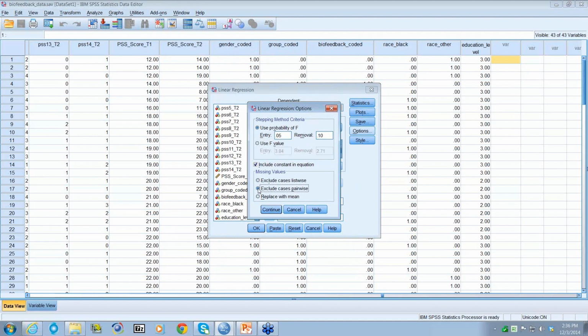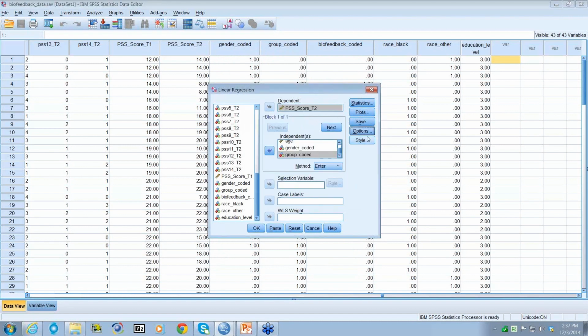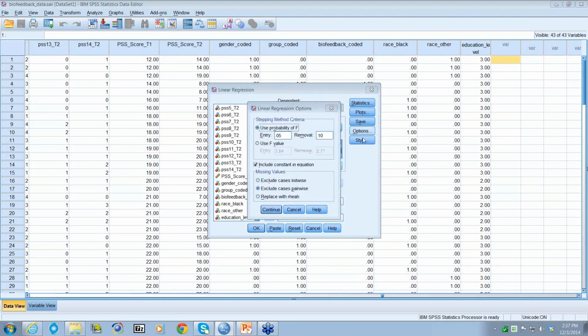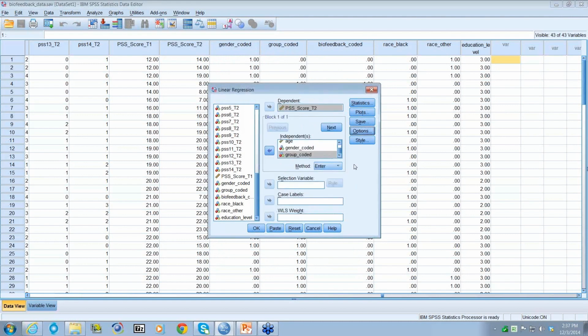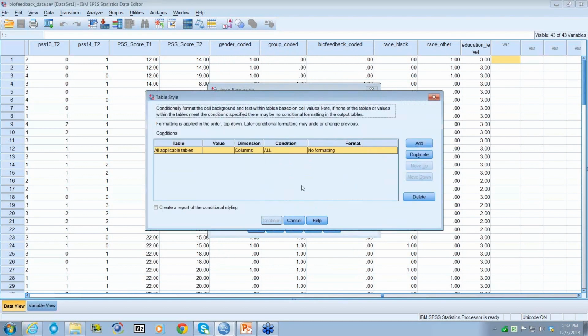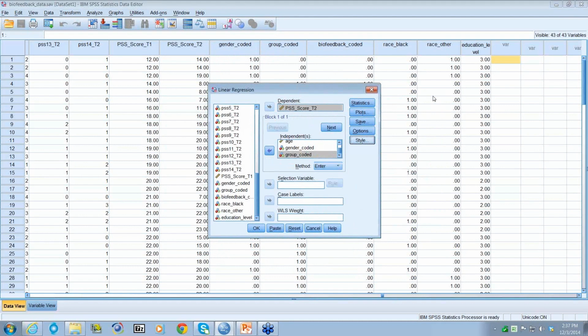In this case, it doesn't matter because we're only doing one regression model, so it'll take out a case anyway if it doesn't have any data on it. But I'm going to click pairwise. And I don't think we need this one. I don't look at style too much. So let's go ahead and click OK.